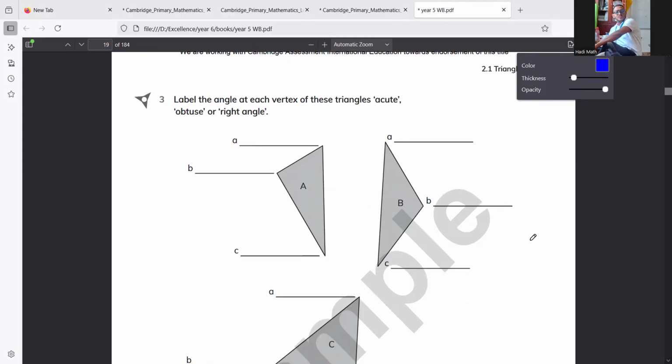Let's go to exercise number 3. They say label the angle at each vertex of this triangle: acute, obtuse, or right angle. Remember this angle.